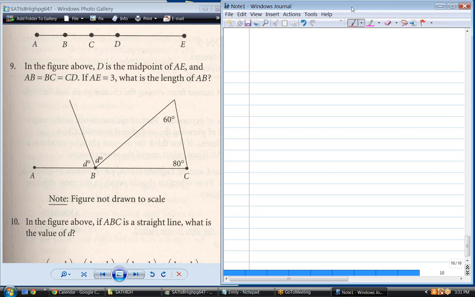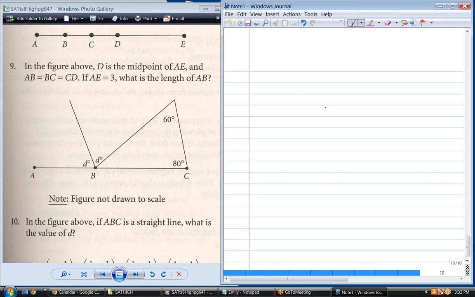All right, how about this one here? This is a grid problem, non-multiple choice. Oh, there it is. I was looking at the wrong figure. You were looking at the triangles? Yeah.